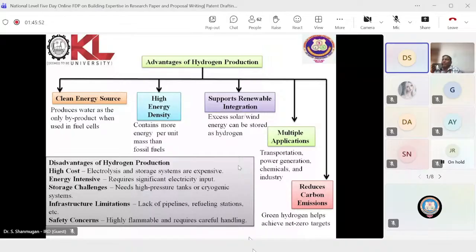IIT Bombay has currently given 577 crores for a project. You can interact with the IIT Bombay professor on that project, on renewable energy based hydrogen production.